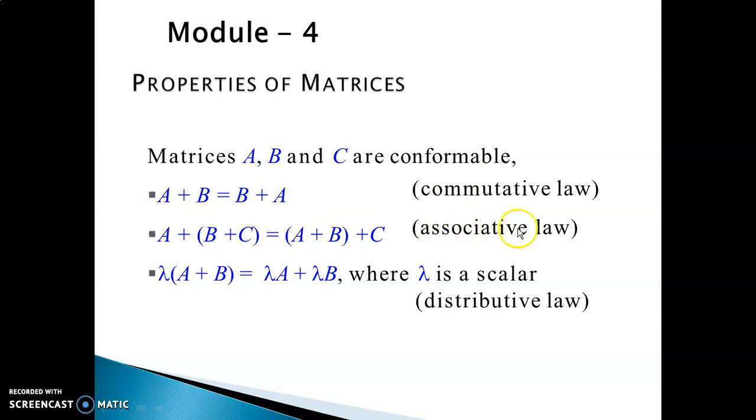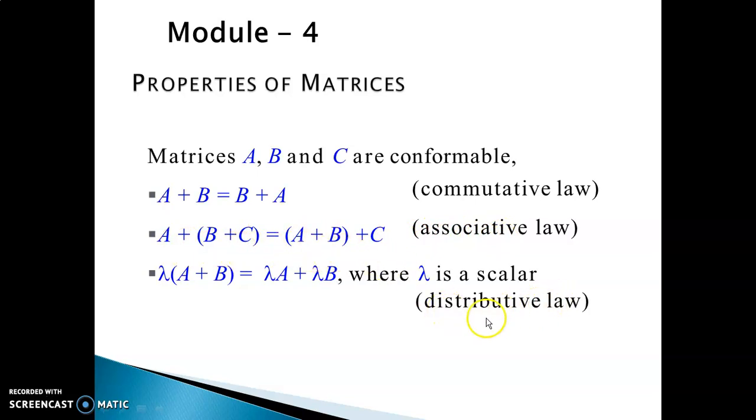Similarly, the associative law also holds: the addition of three matrices in the form of A plus B, plus C, and in the form of A plus, B plus C, will remain the same. It means the matrices hold the associative property under addition.